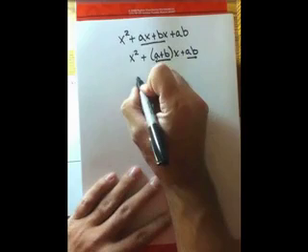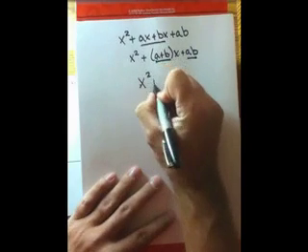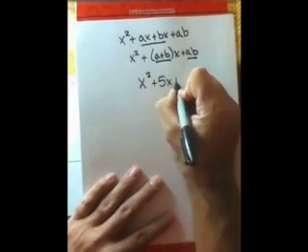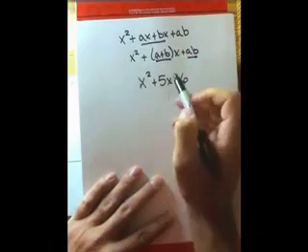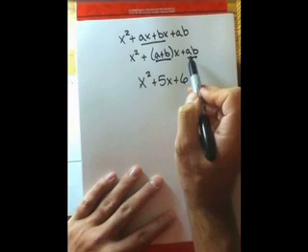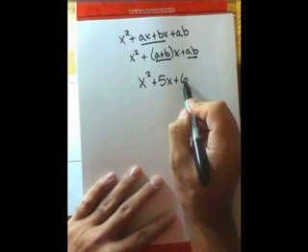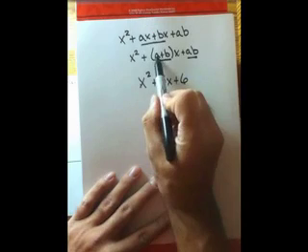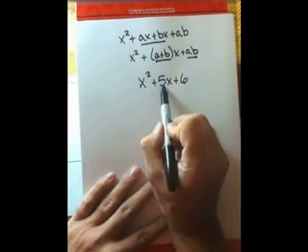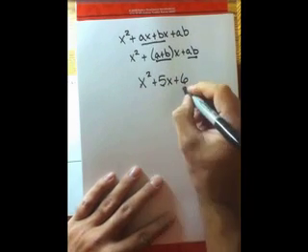So, take for example our expression x squared plus 5x plus 6 again. 6 is represented by our last term. So we have two factors that must multiply to give us 6, while those same two factors must add to give us 5. So let's think about this.